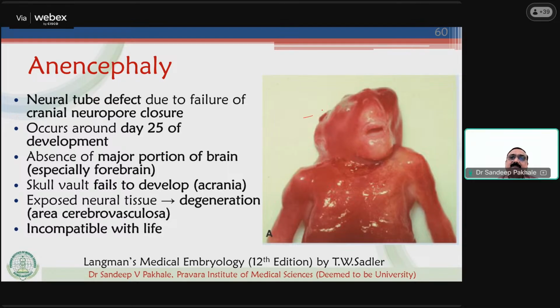So you can see absence of the brain and also the vault is absent. The exposed neural tissue undergoes degeneration, forming the area cerebrovasculosa. Clinically, it is incompatible with life, making early prevention through folic acid supplementation extremely important.